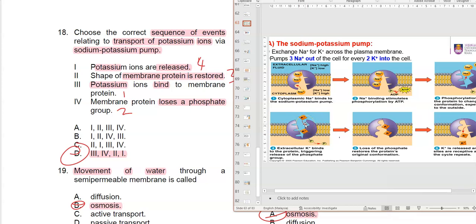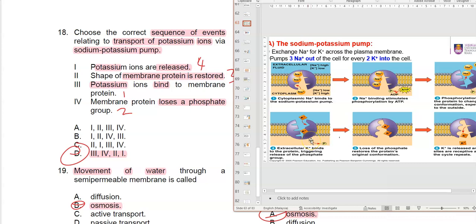And as you can see from this diagram, the protein will have phosphate bound to the carrier. So the binding of the potassium into the binding site of the protein will cause the phosphate to be released. We call it dephosphorylation.